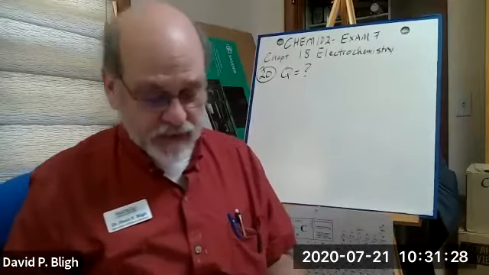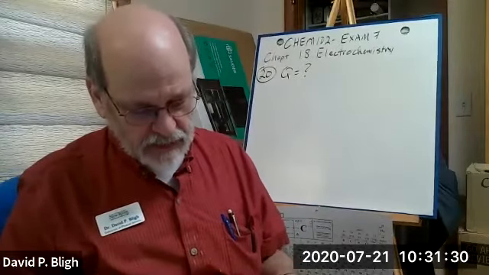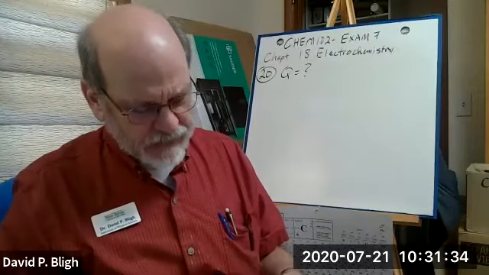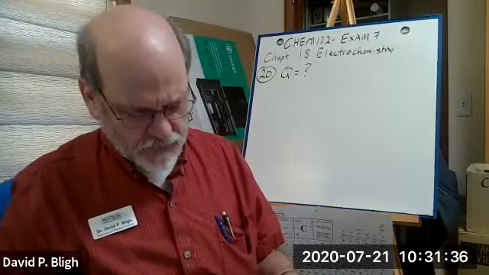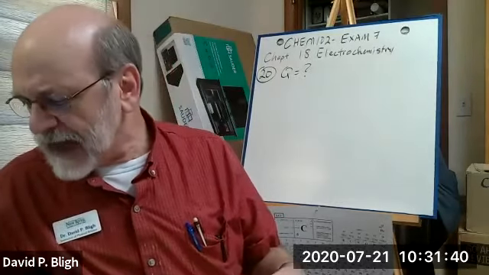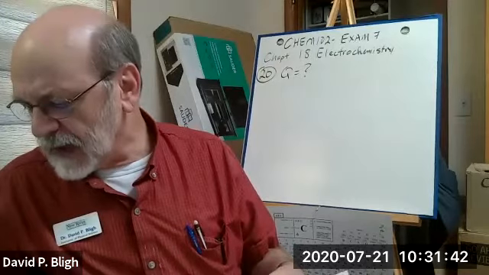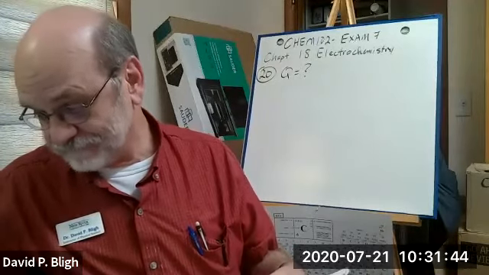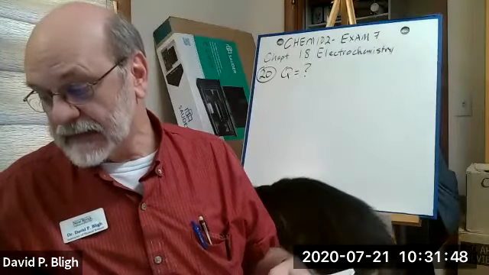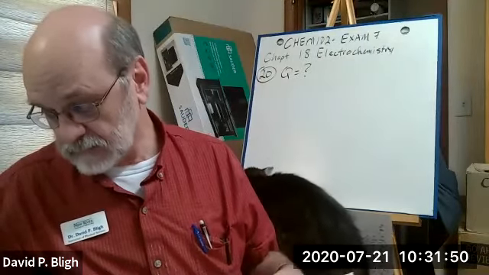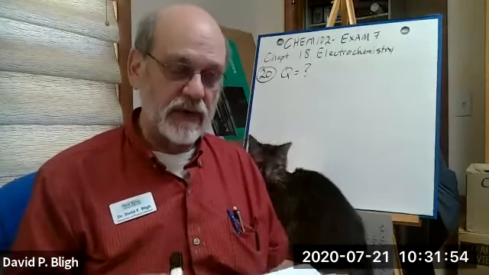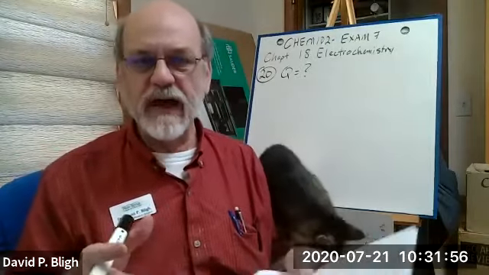We're given the half cells, and if we need to calculate Q for this reaction, we need to have a balanced equation. And that'll take some doing, right? Because Q is just the non-equilibrium value for K.